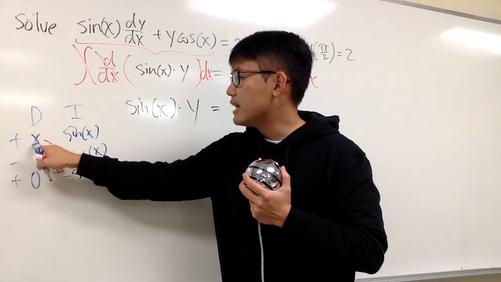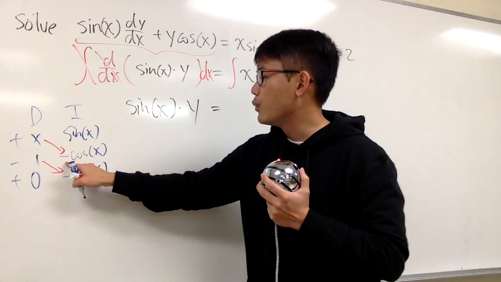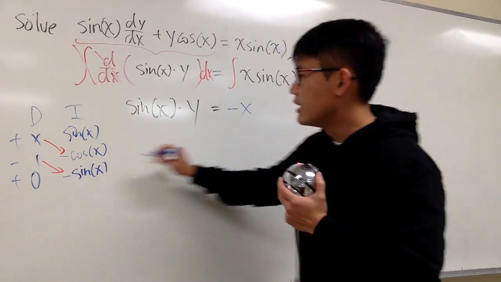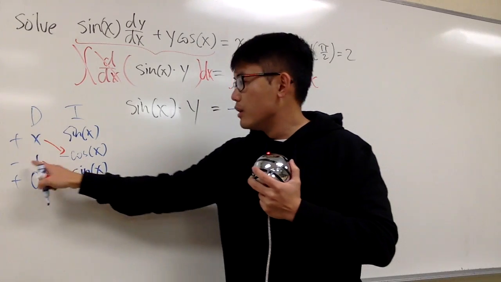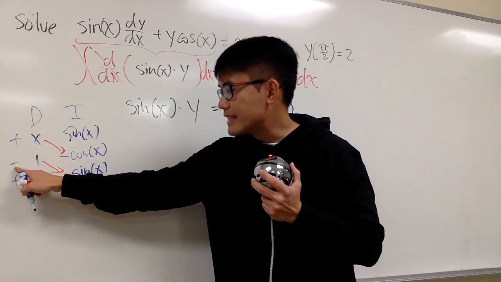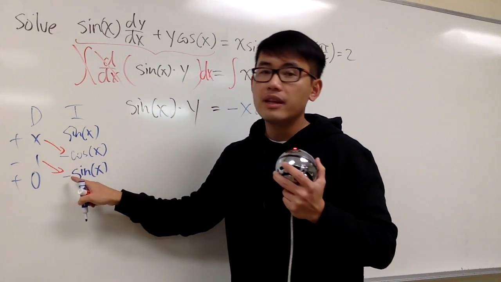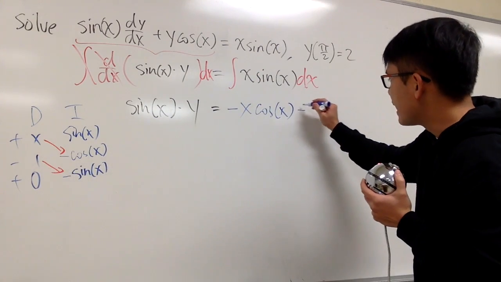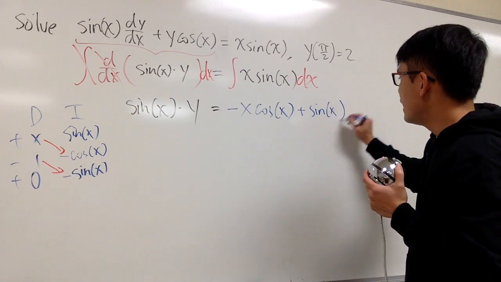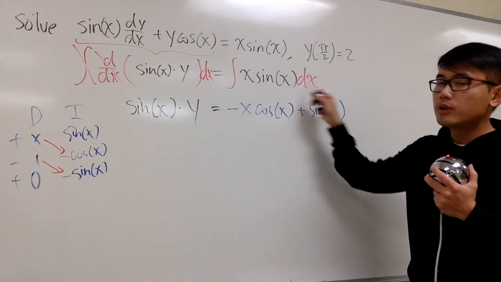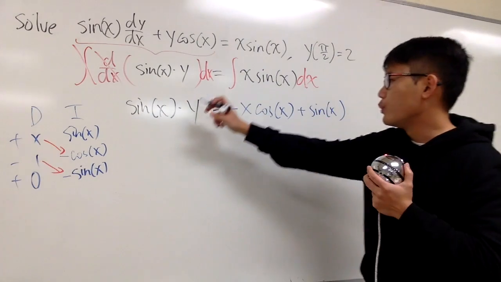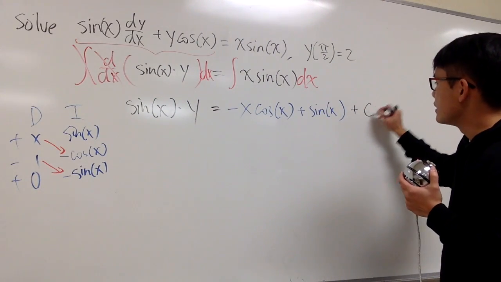We will have positive x times negative cosine x. We will have negative x times cosine of x. And next, don't forget to attach the sign right here on the side. Negative 1 times negative sine x is positive sine of x. So this is it for the integration right here. And of course, we have to add a plus c on the right-hand side.